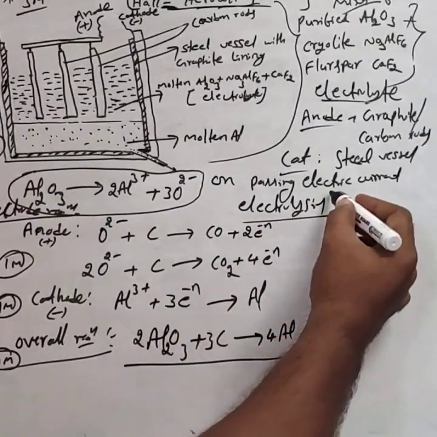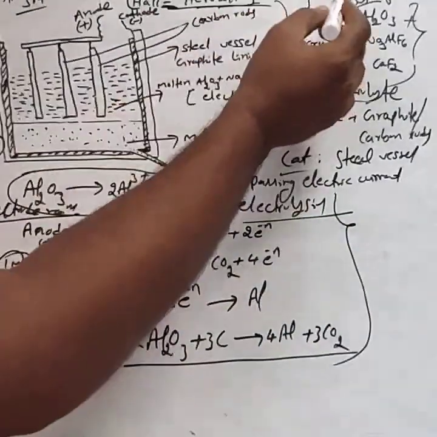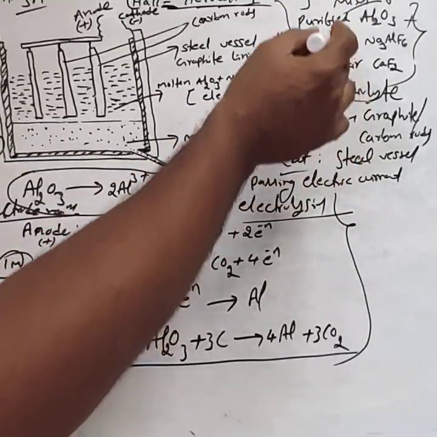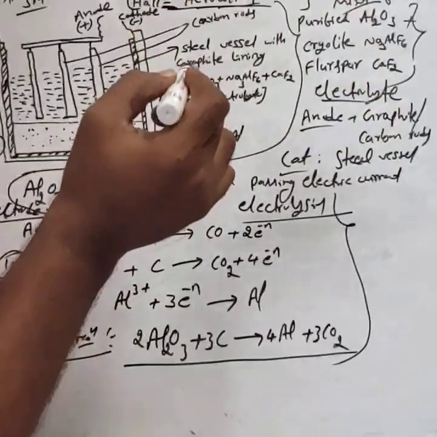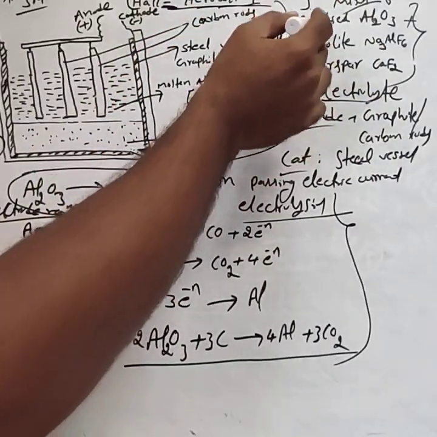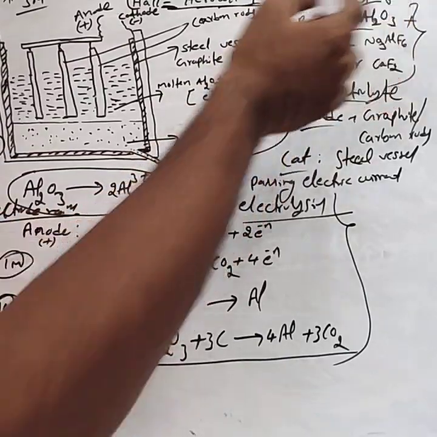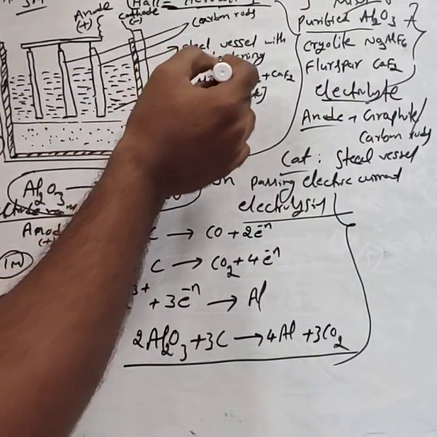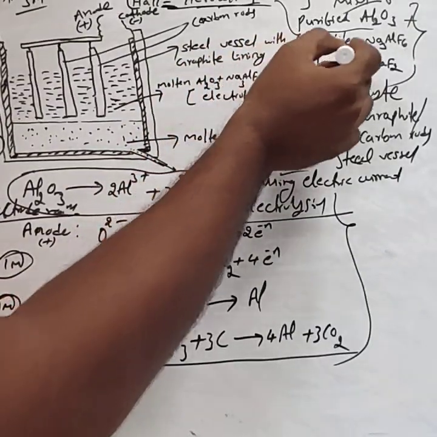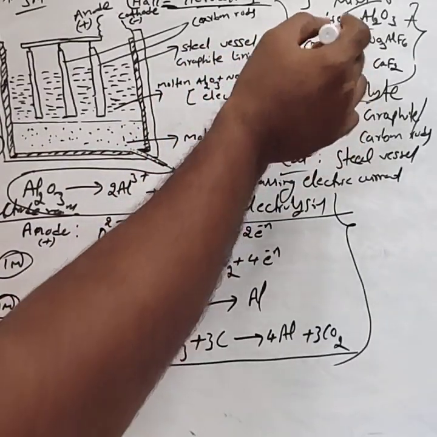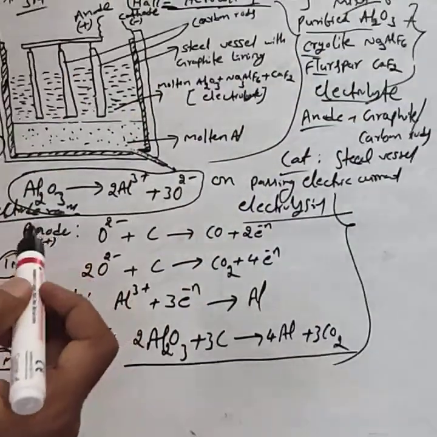Next, other sub-questions in this process: the electrolyte is a mixture of purified alumina, cryolite, and fluorspar. They can ask why molten alumina is mixed with cryolite and fluorspar, or what is the role of cryolite and fluorspar in the Hall-Héroult process.